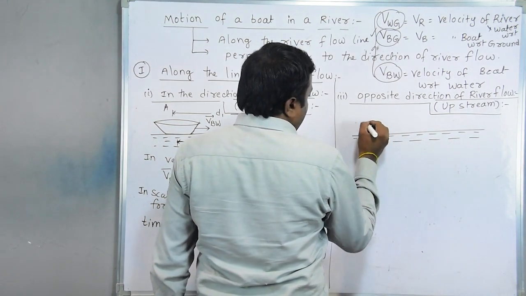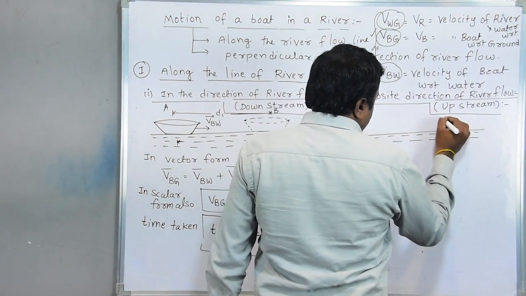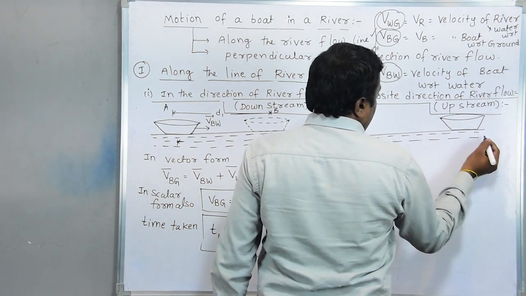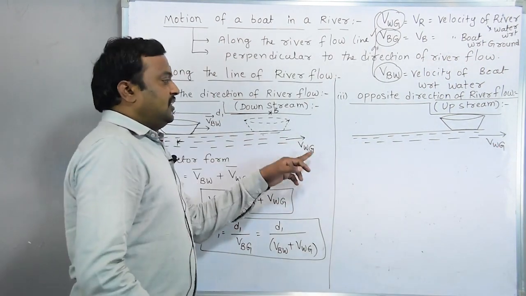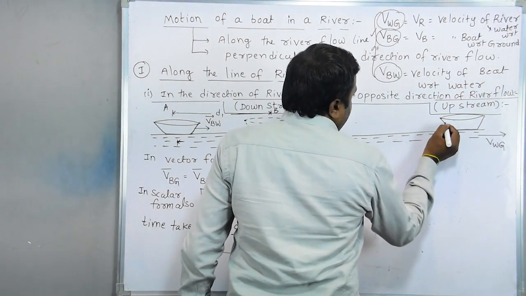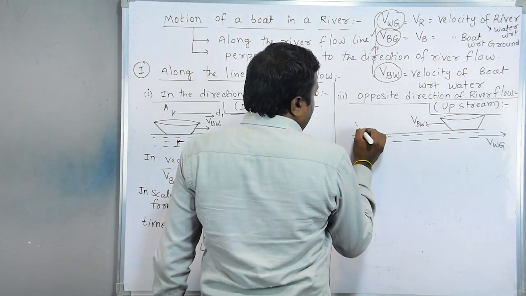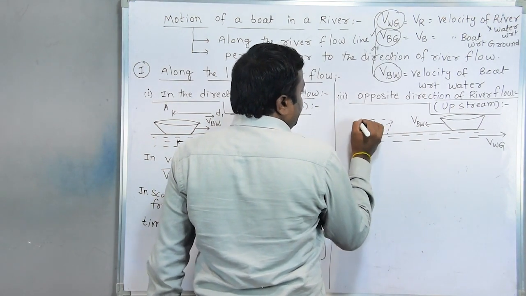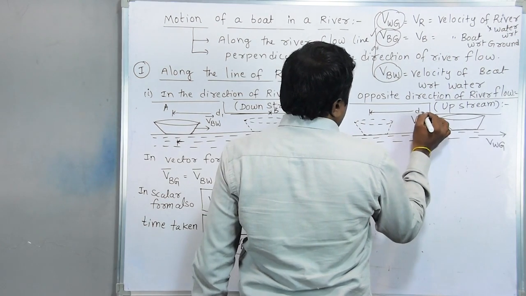Here the same boat is lying initially. This is the water with respect to ground, direction of water the same. Here is the boat with respect to water. Then after traveling some distance, the same distance, you consider it as D2.